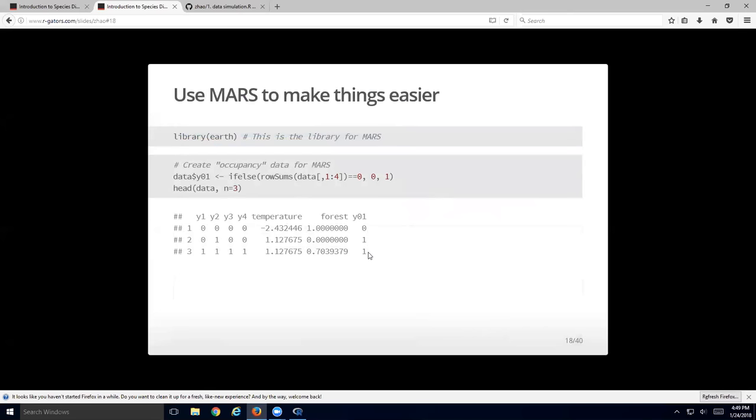Otherwise, it will be 1. Which means if you observe the species in any of the opportunities, then we will think it's there. And if you don't observe it in all the opportunities, we think it's not there. We assume this last column is the truth, although obviously it's not, but we will see how bad it could be, or how good it could be.